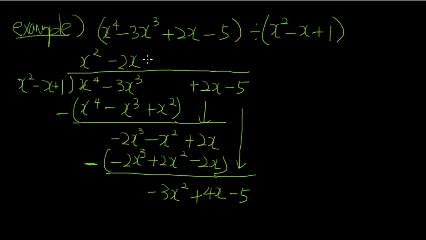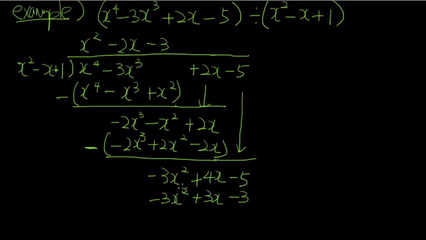Okay. Now I'm going to try to figure out this term. That must be negative 3, right? So then multiply that here, negative 3 times x squared, negative 3x squared. Negative 3 times negative x becomes positive 3x. Negative 3 times positive 1, negative 3. Okay.